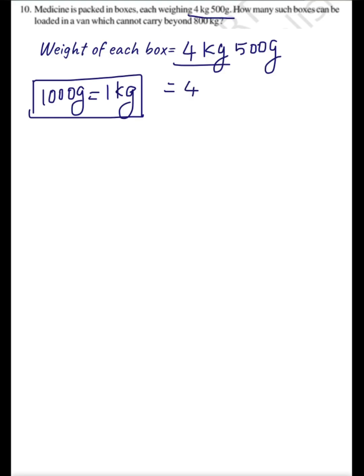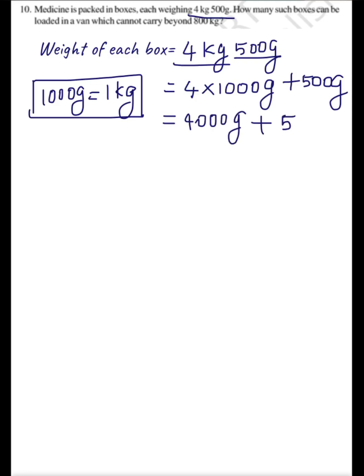For conversion, you need to just multiply this 4 into 1000 so that it will get converted to gram. Plus already here 500 grams is there. Let's write it as it is. So what is 4 into 1000? It's 4000. So 4000 gram plus 500 gram. What is 4000 plus 500? It's 4500 gram. So weight of each box is equal to 4500 gram.